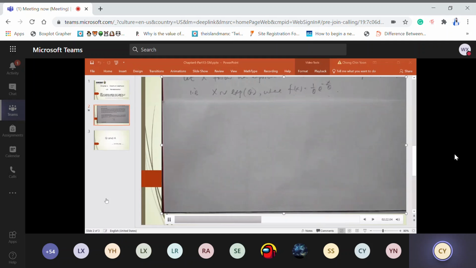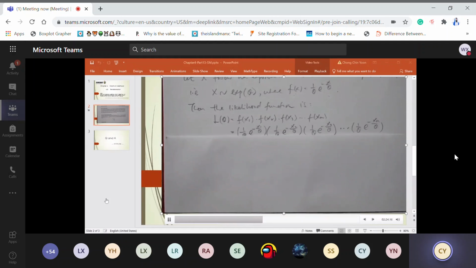Then we will have the following likelihood function, that is the product of all the PDFs corresponding to the x values. If we simplify this, we will get the following result, and this is equivalent to this in terms of summation of xi.